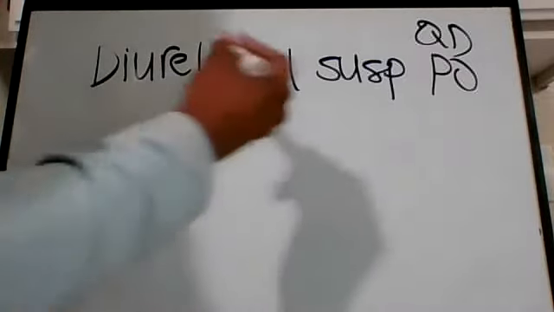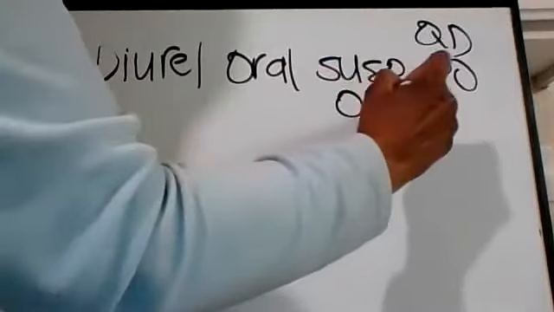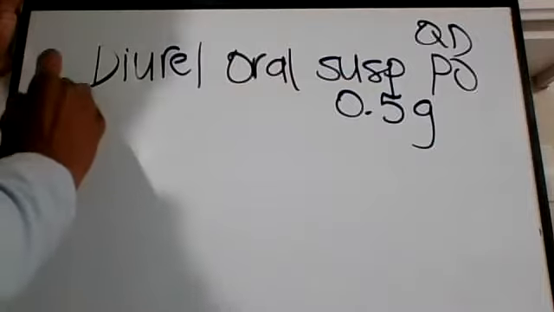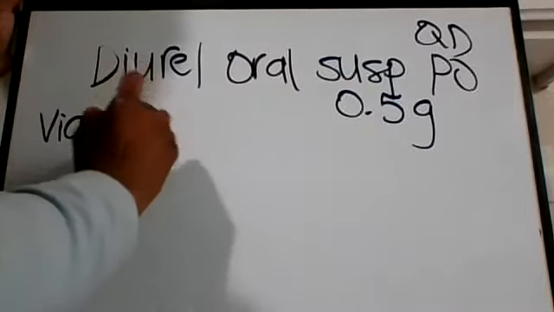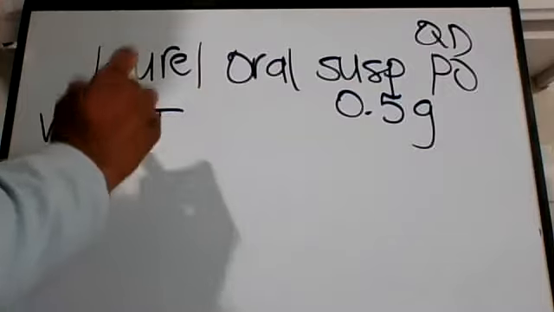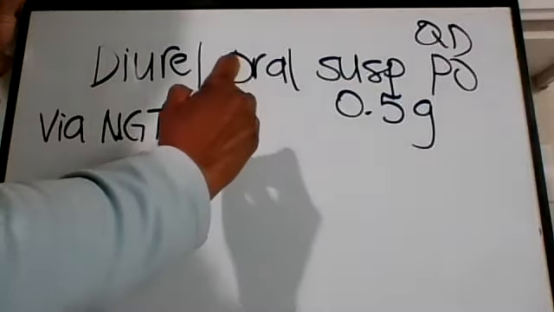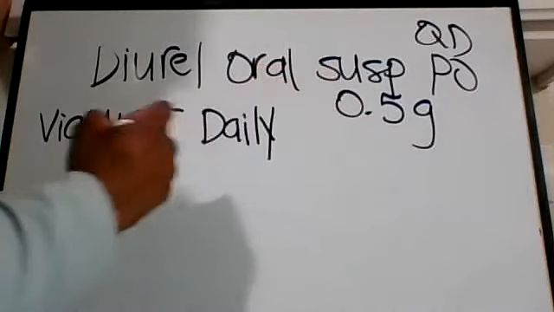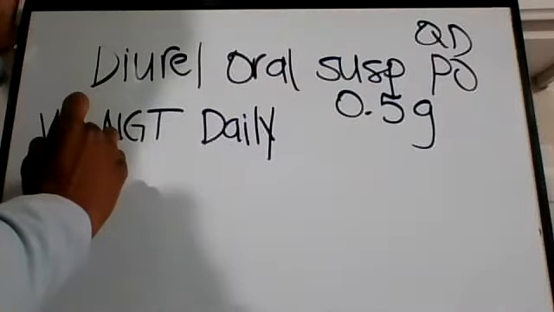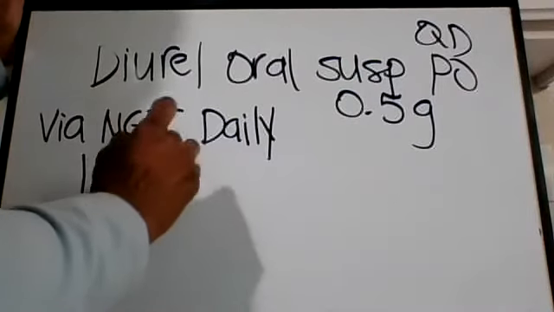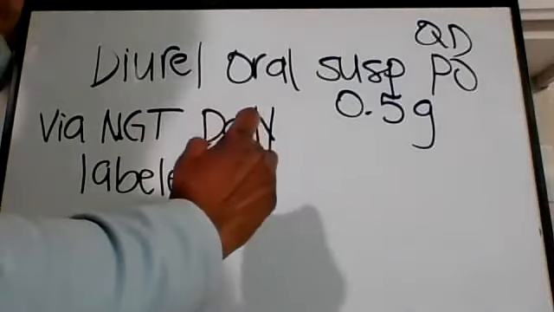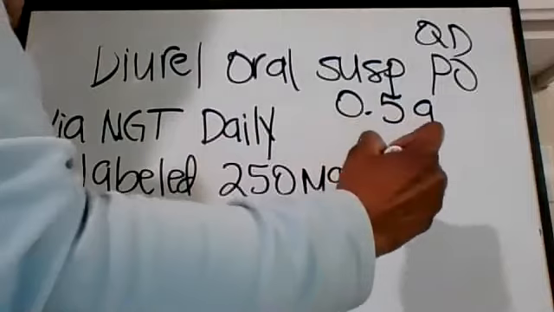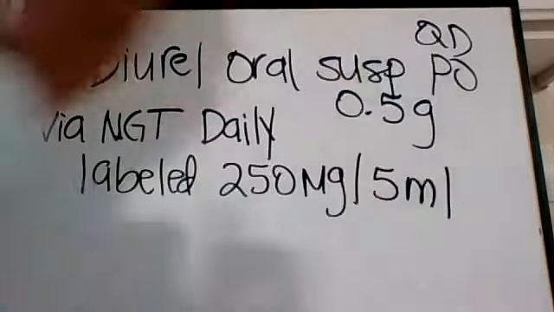The dosage is 0.5 grams suspension. We're going to give this med via nasogastric tube, NGT, daily. The bottle is labeled 250 milligrams per 5 milliliters.